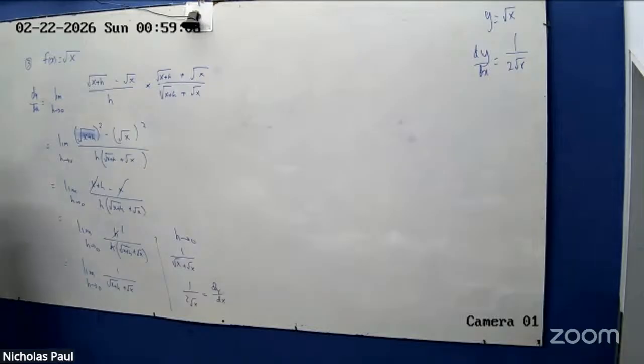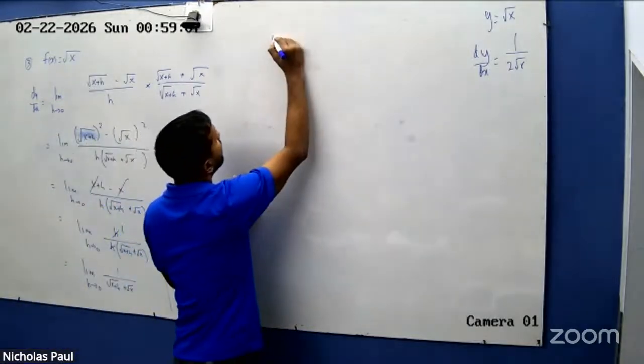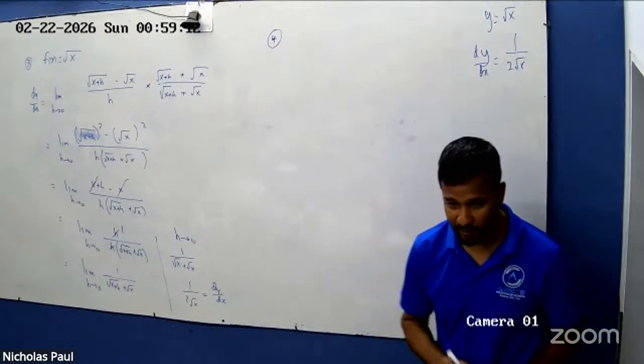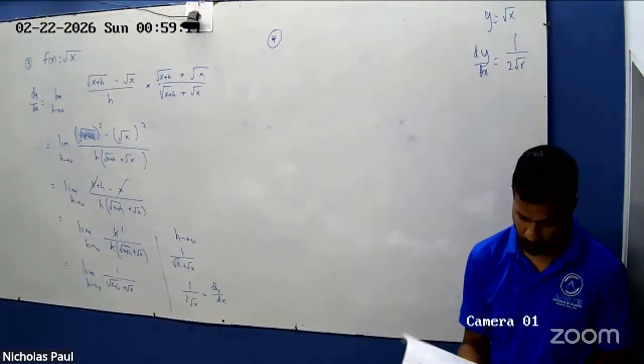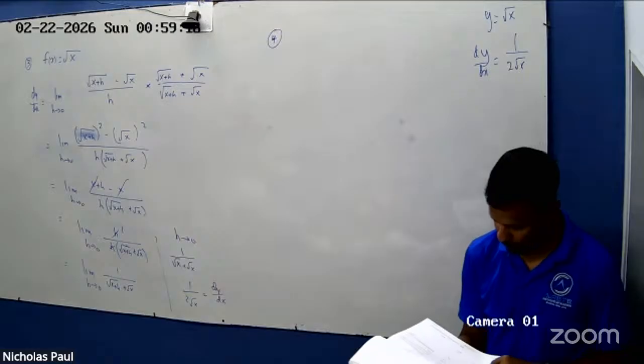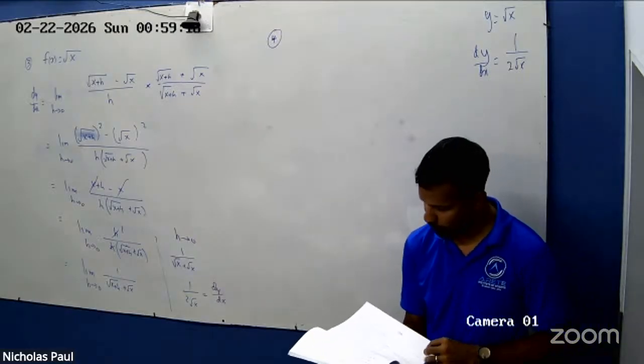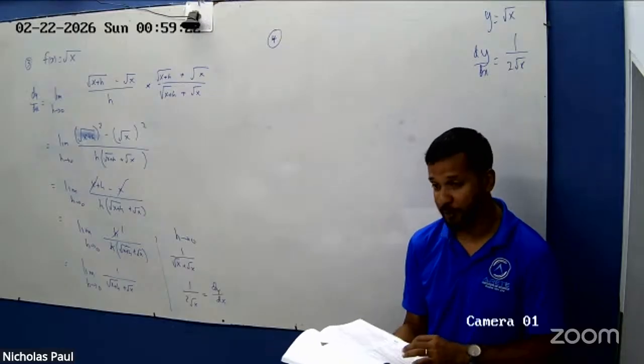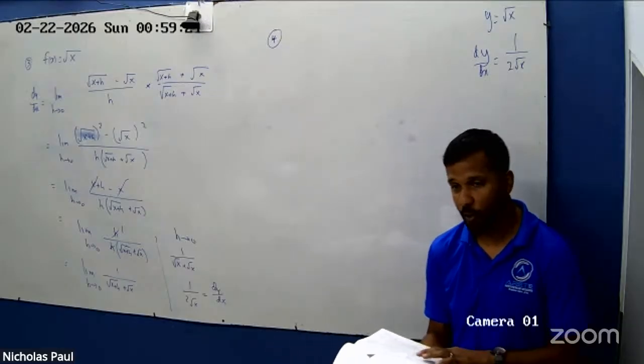Copy it down. Let's try the next one. Question? You only do this if the question says by first principles. If not, you go ahead and differentiate like normal.